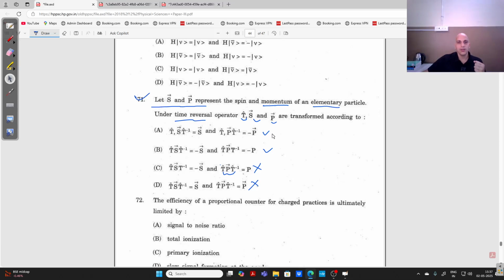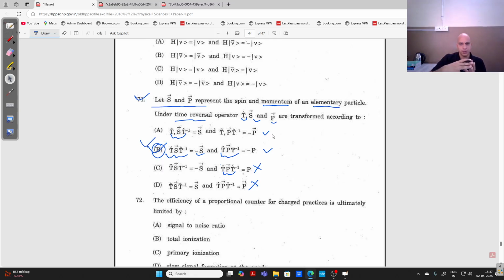Under time reversal, when we apply this operation on spin, will the spin change its sign or not? It is found that it also changes its sign. So option B is the correct answer. Both spin angular momentum as well as linear momentum change sign when we apply the time reversal operation on them, right? So the correct answer is this one.